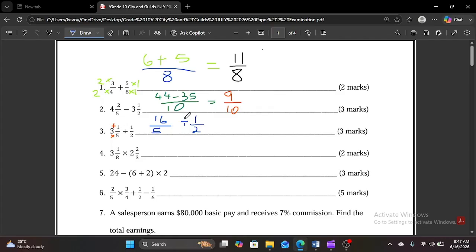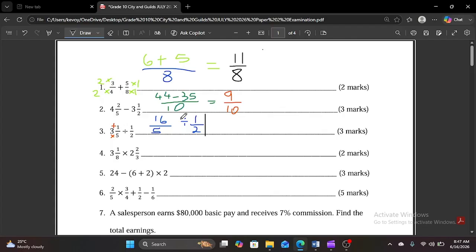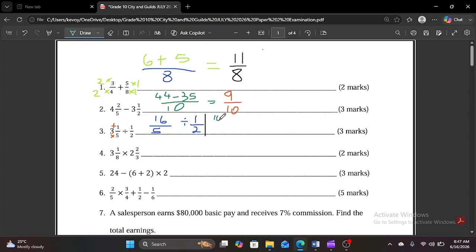When we divide fractions, we end up multiplying fractions, because the sign will change. We change the sign to the opposite, so it becomes multiplication, and after we change the sign, we flip the second fraction. So we end up with 16 over 5 multiplied by 2 over 1, because we flip the second fraction.